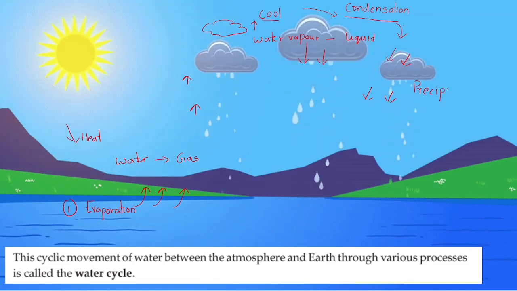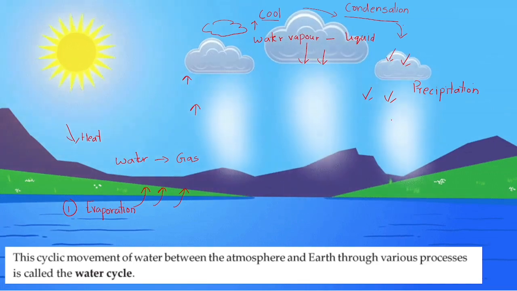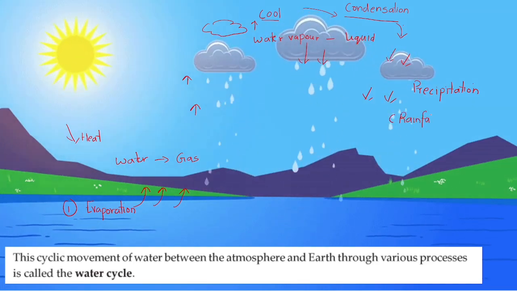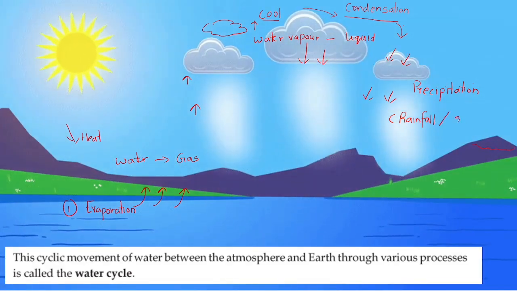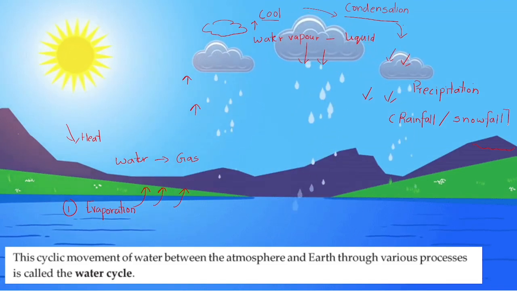If this water comes down in the form of rain, we call it rainfall. And if the same water falls on a mountainous region where the temperature is low, and it falls as snow, we call it snowfall.